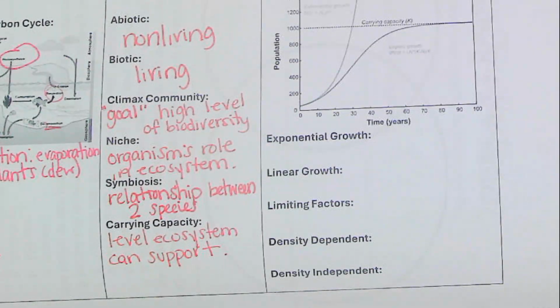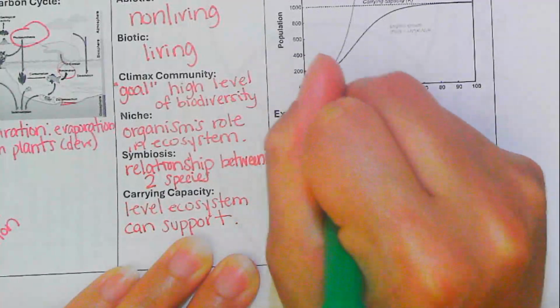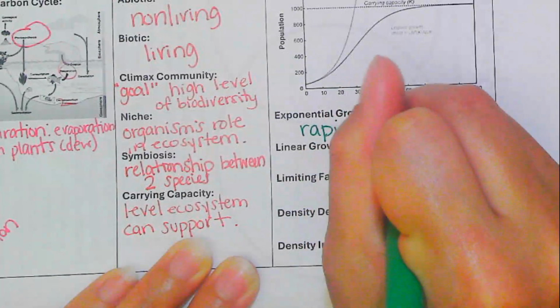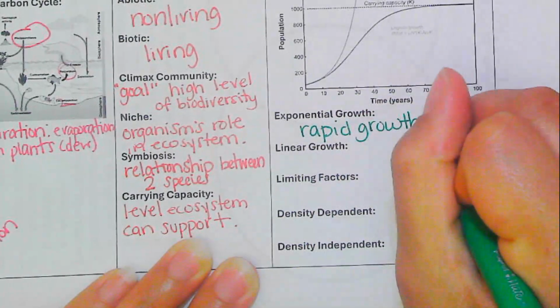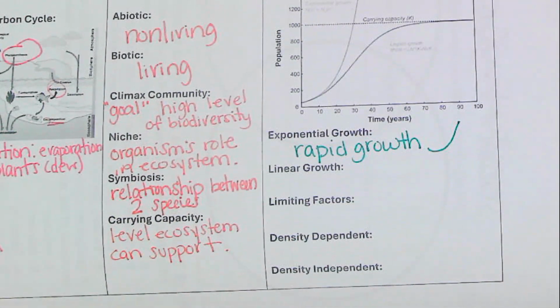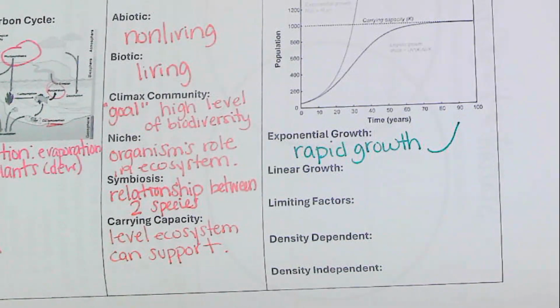Population growth typically deals with how populations change over time. So exponential growth, what is exponential growth? Rapid growth, right? What's linear growth? It's more of a straight line.